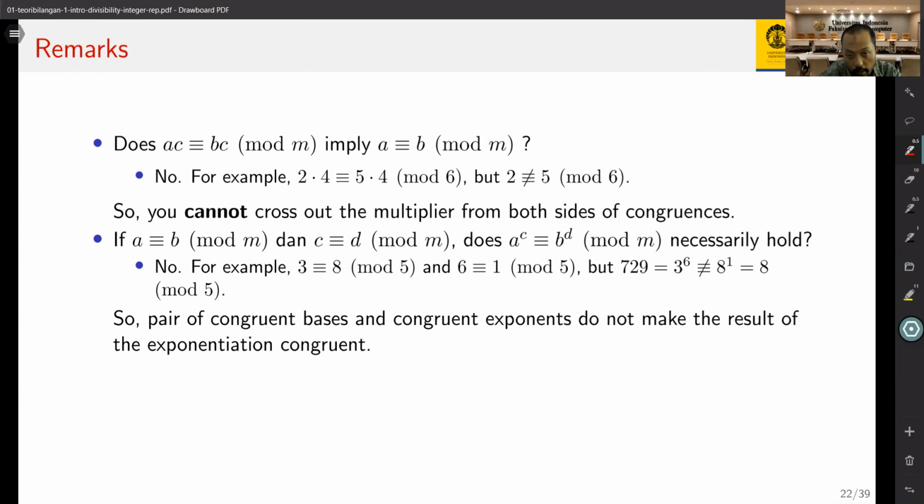There's an example there. 3 is congruent to 8 modulo 5 and 6 is congruent to 1 modulo 5. But 3 to the power of 6, which is 729, is not congruent to 8 to the power of 1, which is 8, modulo 5, because it's congruent to 9 modulo 5 actually. So here's an example where this doesn't hold, right?